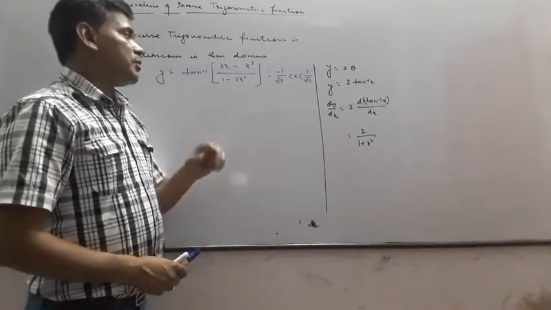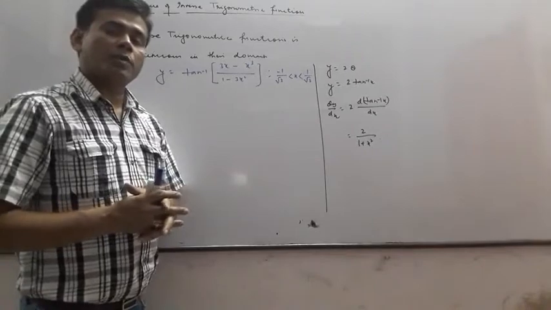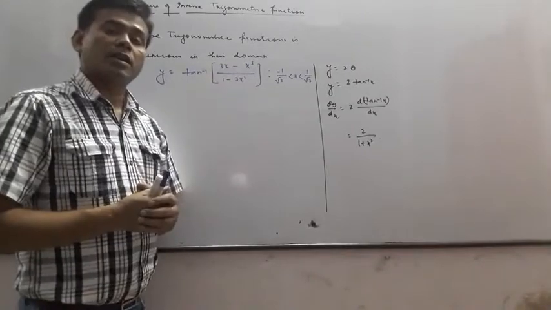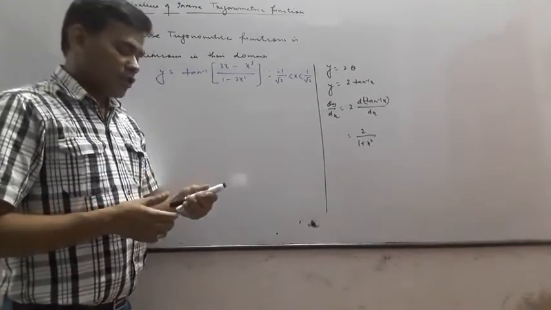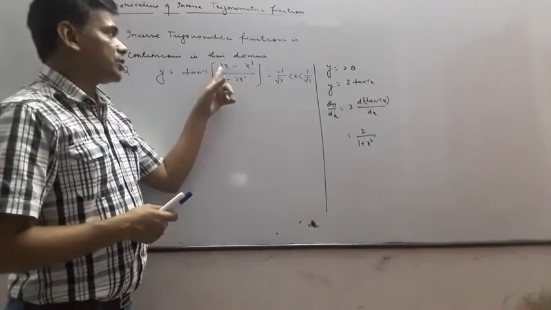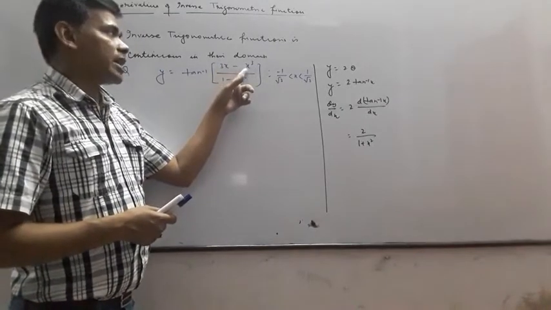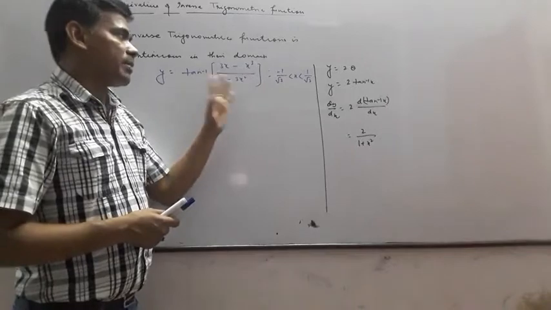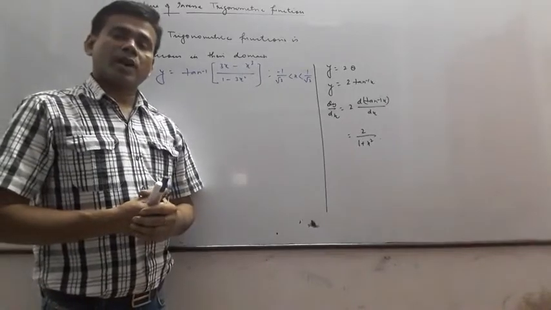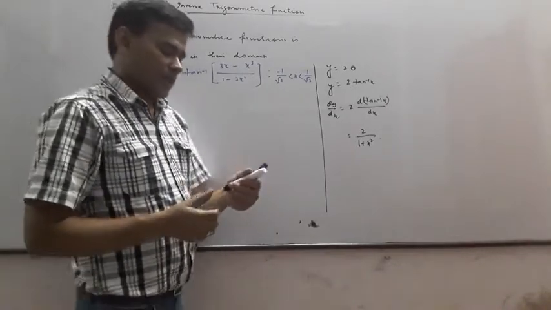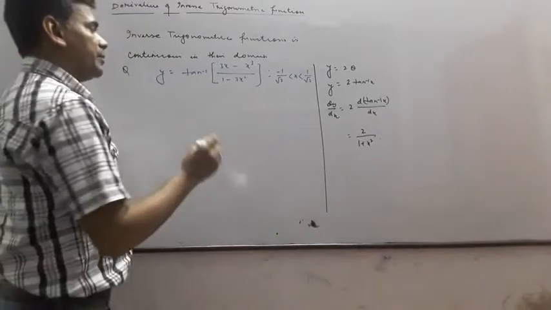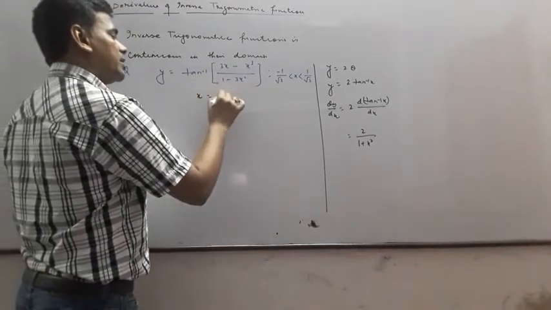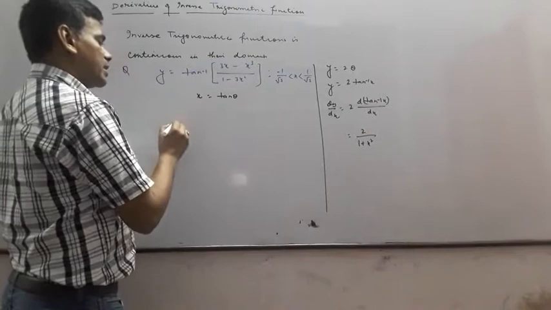So if you try to find, you will find that if you substitute here tan, then obviously you will get an answer, because 3 tan theta minus tan cube theta by 1 minus 3 tan square theta is tan 3 theta. It means if you substitute here x for tan theta, then you will get the answer immediately.